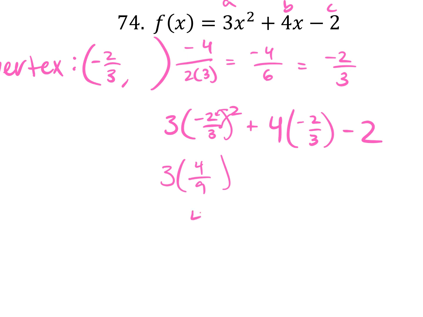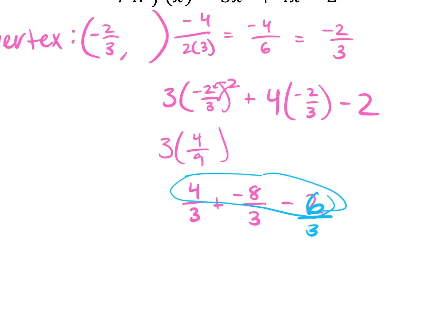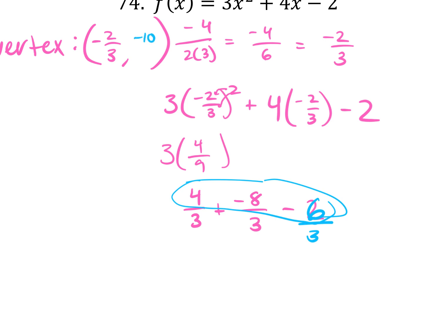We simplify this, it would be 4 over 3 plus -8 over 3 minus 2, which we want to have a common denominator, so we could change it to be 6 over 3. So let's add all of our numerators up together. 4 minus 8 is -4, minus 6 would be -10 over 3.